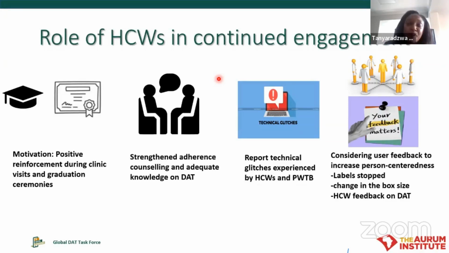People with TB starting the treatment were also invited to these ceremonies, and they would be inspired to do the same and also reach this milestone.